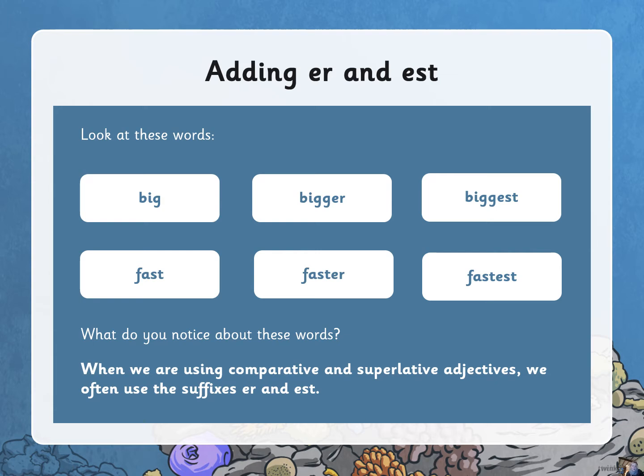Now look at these words. We've got big, bigger, biggest, and again fast, faster, fastest. What do you notice about these words? Have a good look and have a think. When we're using comparative and superlative adjectives, we often use the suffixes er and est.